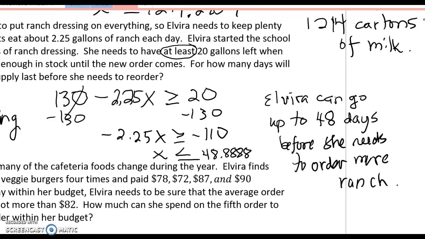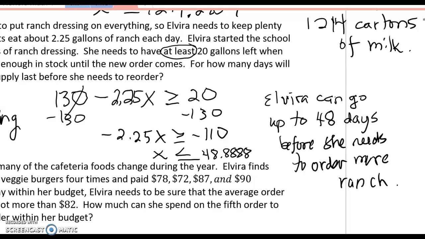Normal rounding rules say that with that 48.888 repeating, we are supposed to round that to 49. However, if we round this to 49 and our summary sentence says that Elvira can go up to 49 days, then because of the less than or equal to, if we plug in 49 for x, you're going to find that we definitely do not satisfy our inequality. 49 will make that inequality untrue.